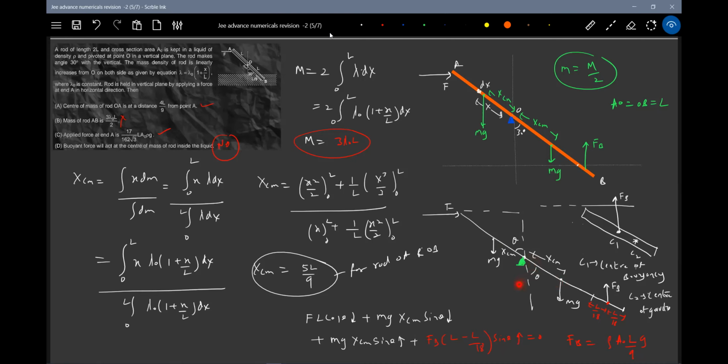This also will be clockwise. Mg into XCM sin theta will be counterclockwise. Then the torque due to buoyant force, with arm (L minus L by 9) sin theta. The center of buoyancy is the midpoint of the volume immersed of the rod. The center of gravity will be away from it. Okay, solving this, we'll get the required options.